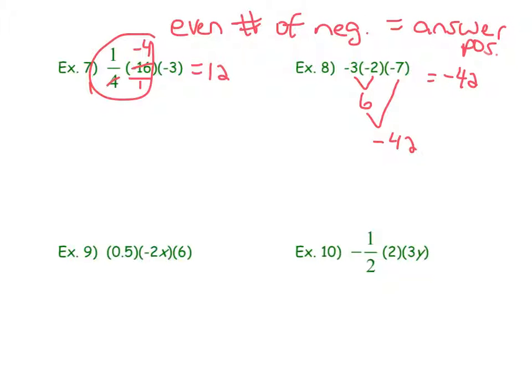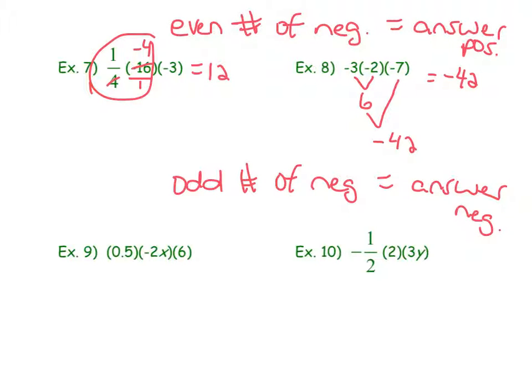And if you have an odd number of negative signs, when you're multiplying multiple factors, then your answer will be negative. So you want to get that in your notes as well. Even number of negatives, the answer is positive. Odd number, you get negative.